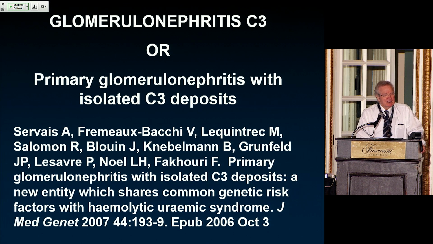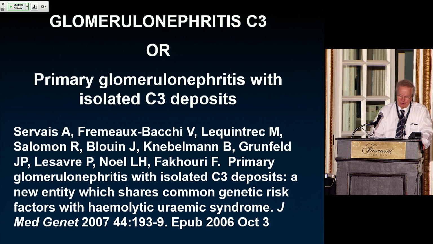A cousin of dense deposit disease is C3 glomerulonephritis, or glomerulonephritis C3, depending on how you want. This was first described in 2006, so it's not that long that we know about the existence of this disease. We knew about the morphology of this disease, but we didn't connect it with the alternative complement pathway.